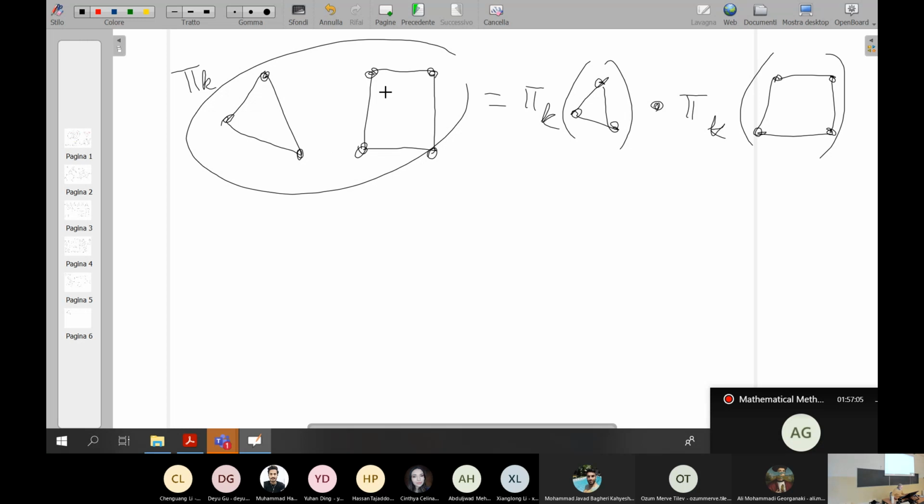Here you can color this other part in all the possible ways. So the number of colorings of this is the number of colorings of this times the number of colorings of this, exactly because of the meaning of pi k.